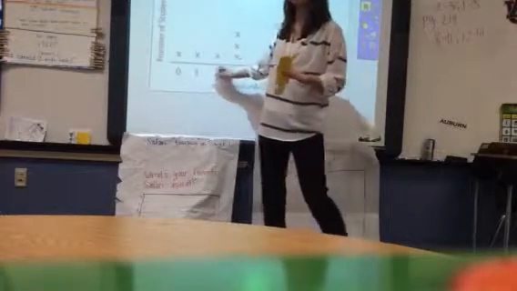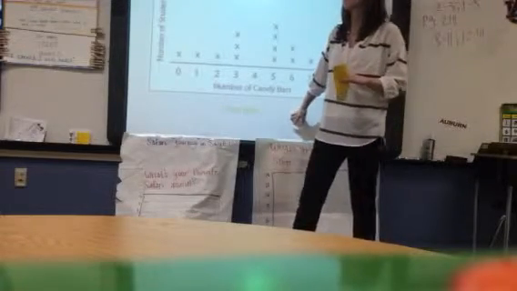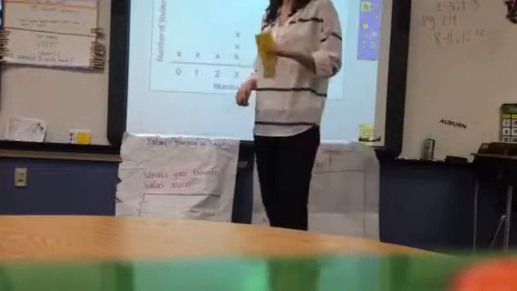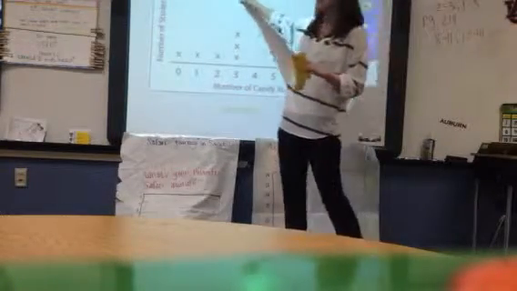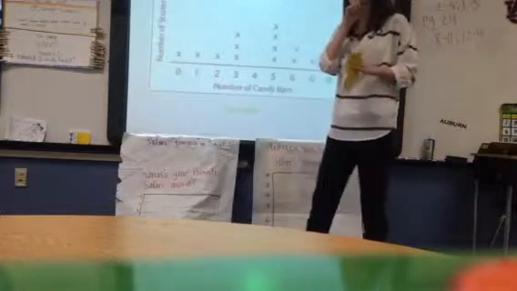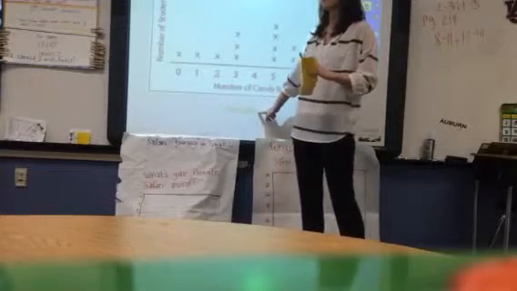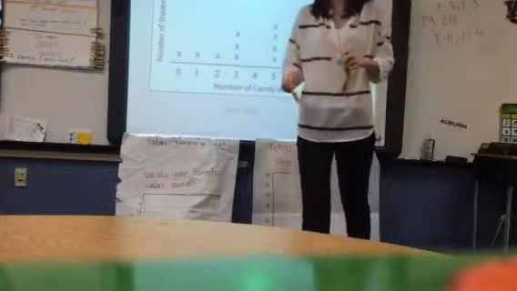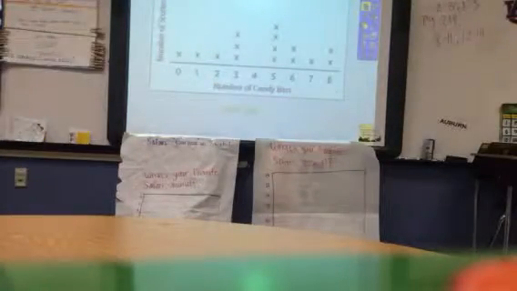But what do we call this specific type of graph? There's a special name for this certain kind of graph. One way to display data. A line plot, very good. That is a line plot. That's one way to display data.